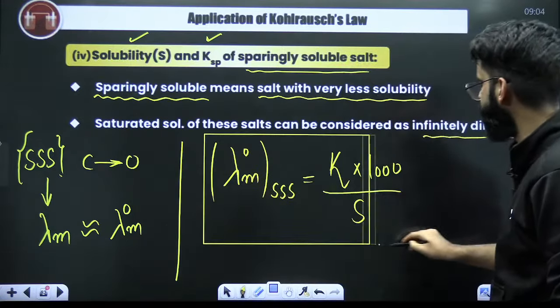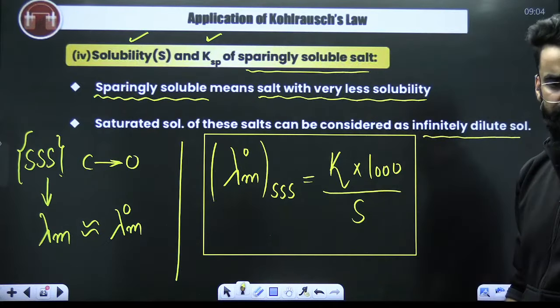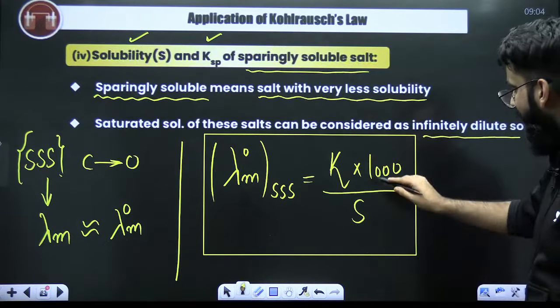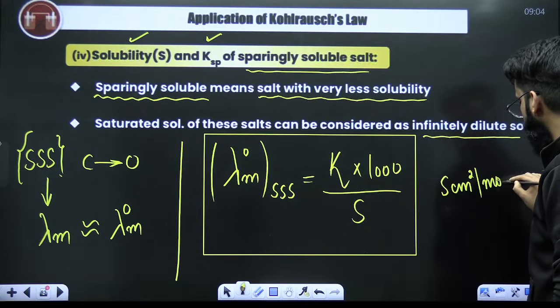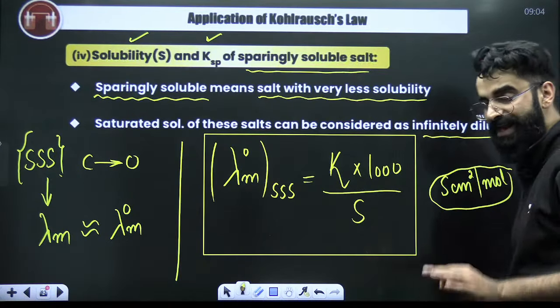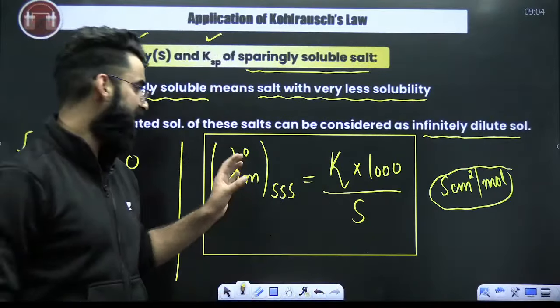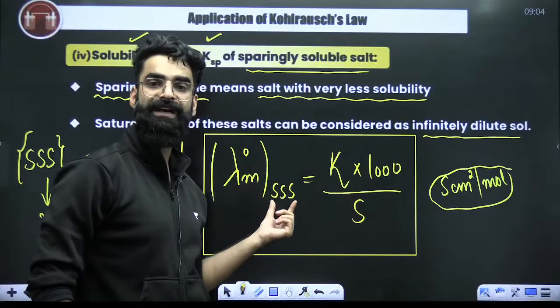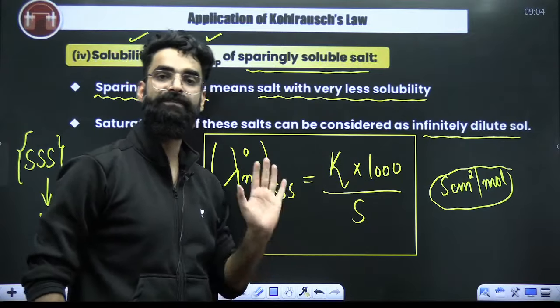This is one result which you have to remember. And its units are simply Siemens centimeter square per mole. Whenever you have a sparingly soluble salt, its molar conductivity at infinite dilution is always equal to kappa multiplied by 1000 divided by solubility.